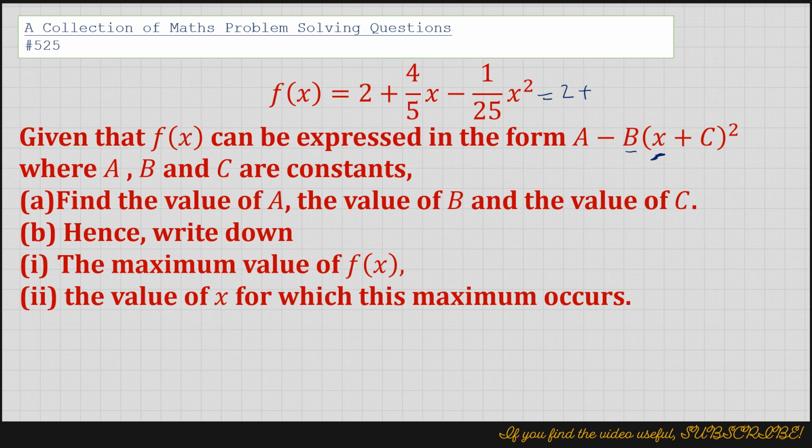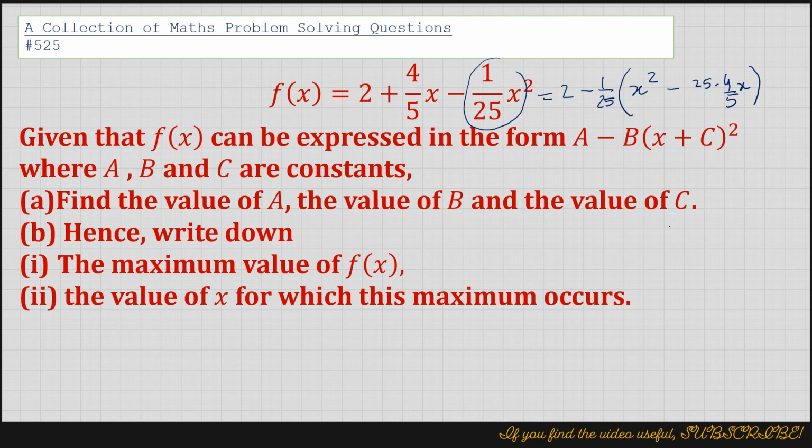It has to be positive, so I'm going to write 2 minus 1/25, and if you take this outside the bracket, you have x squared, and then minus, since you have divided by 25, I have to multiply it with 25 times 4/5 x. And that's it. Now I have to make it a square, so we'll do it as a next step.